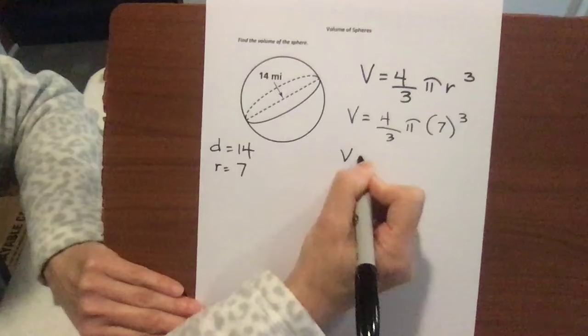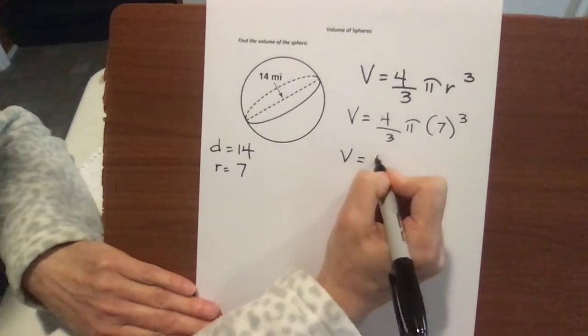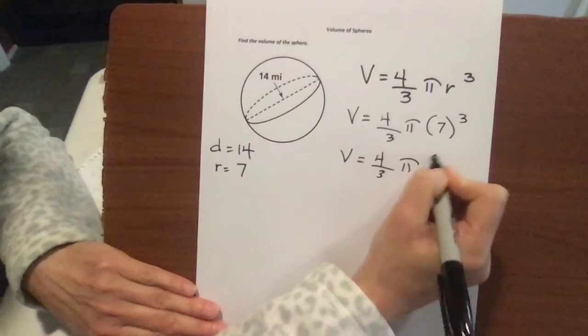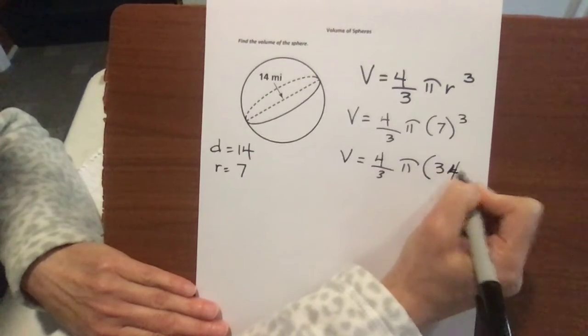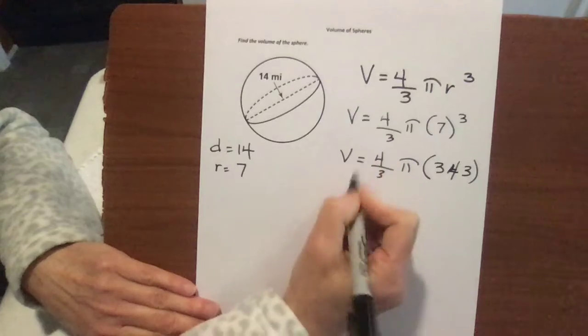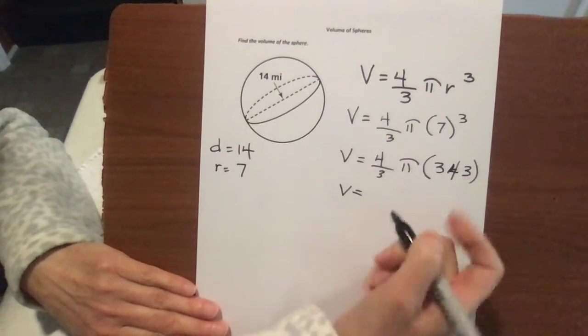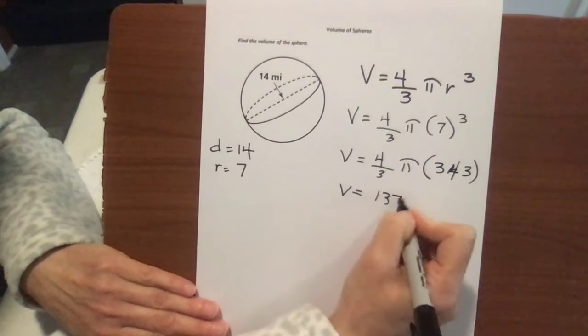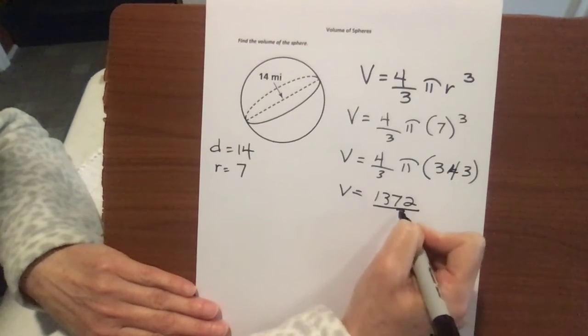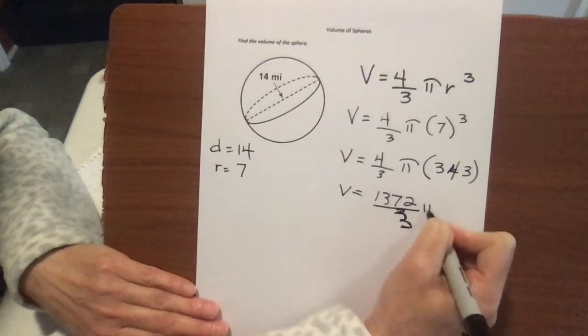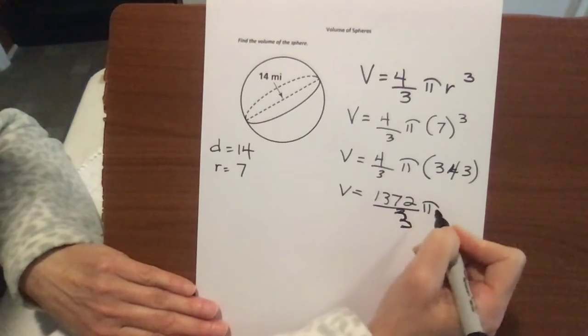If you're going to have to show work and do this exactly, you're going to do 4/3 pi, and then 7 cubed is 343. If you're going to continue showing all your work, 4 times 343 is 1372, all over 3, and that's 3 pi, and that's an exact answer.